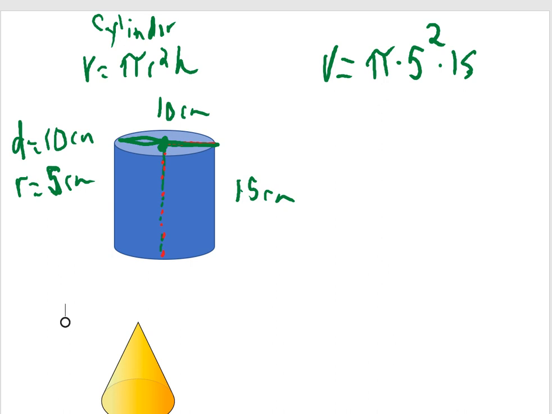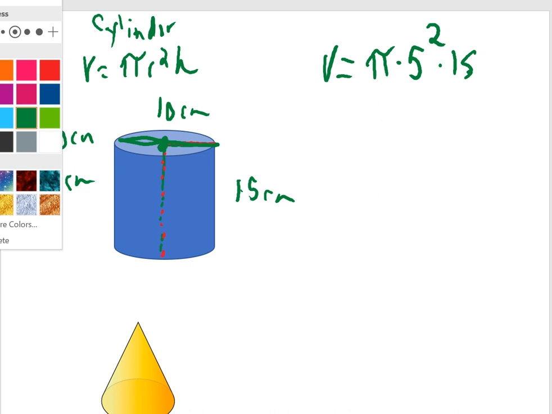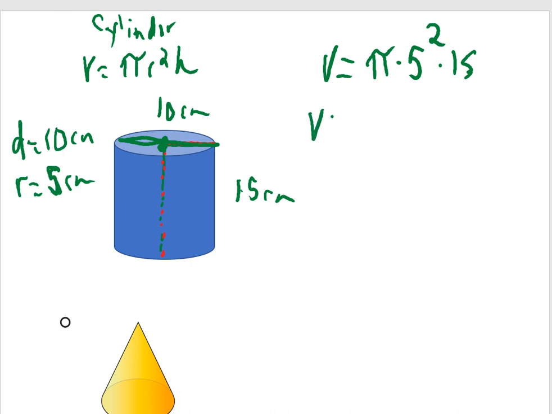And now we're just going to go through it. We could put that in the calculator all at the same time. You're going to use 3.14 instead of pi. If you use the pi button on the scientific calculators, it gives you a much more exact answer. So if it said pi times 5 squared, that's 25 times 15. Volume equals pi. We're going to multiply the 25 and the 15, and well, let's see.